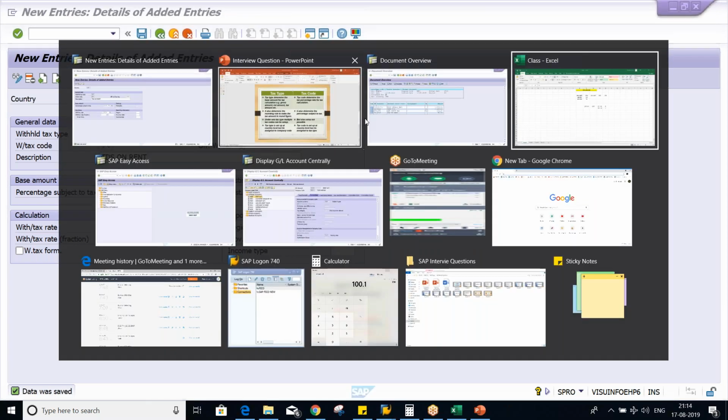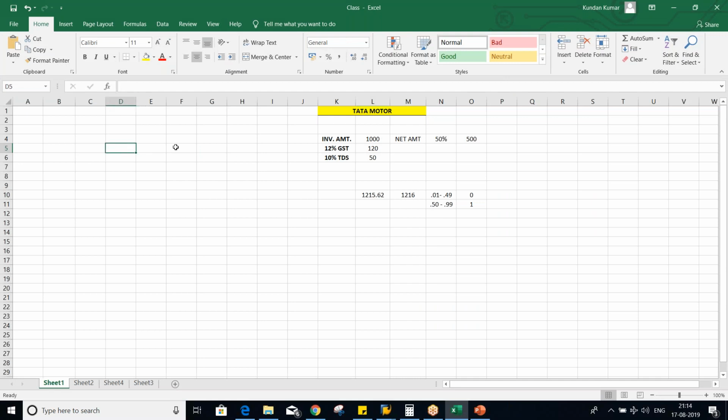So what is happening, guys? What is the benefit here? Let's suppose I'm having T5, that is your tax type. Under that I'm having, let's suppose, T5 as a tax code, T6 is there, T7 is there, T8 is there. So this is your tax type and this is your tax code.